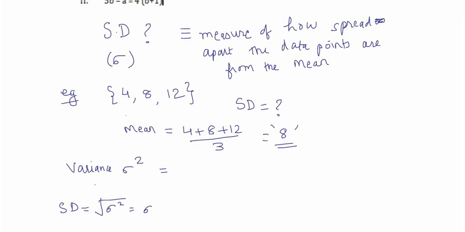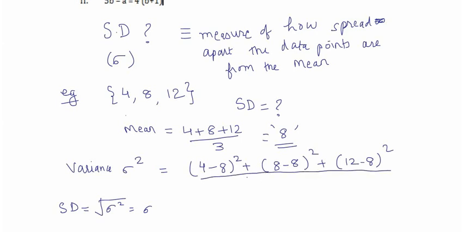So let us first calculate sigma square. The formula is the data point minus mean square plus the next data point minus mean square plus the third data point minus mean square, divided by the total number of data points, which is 3.